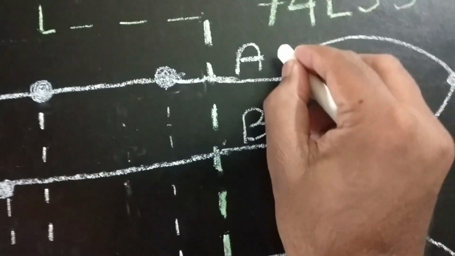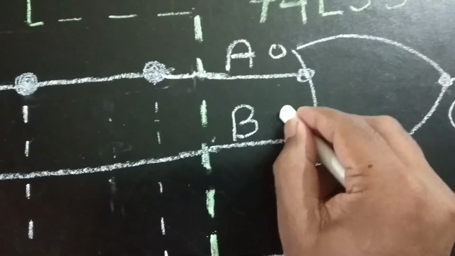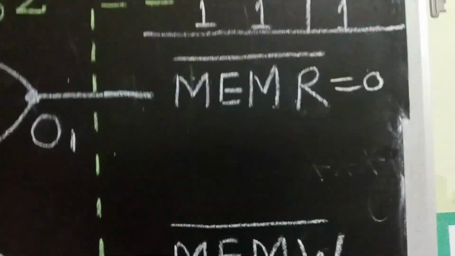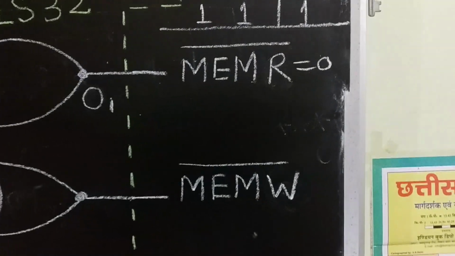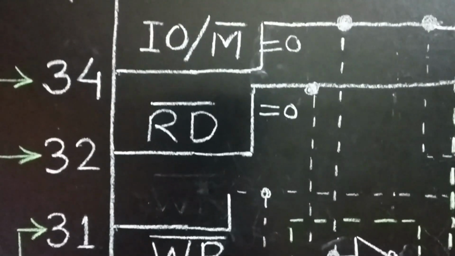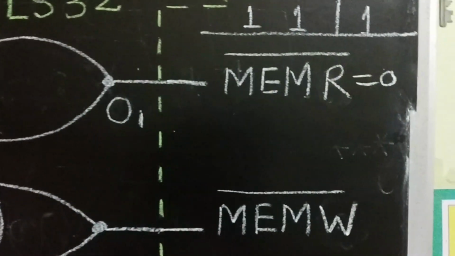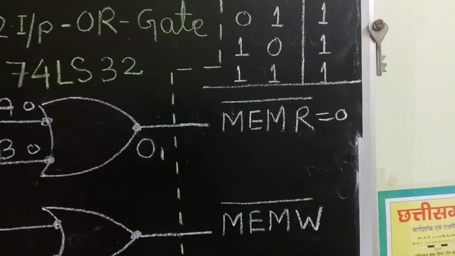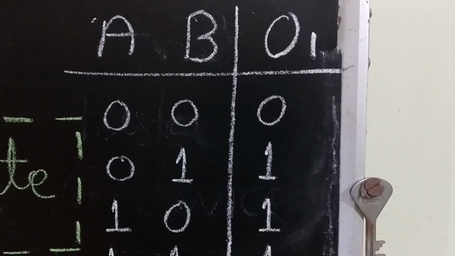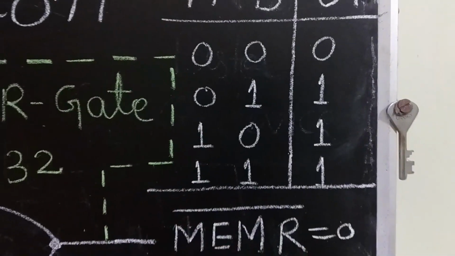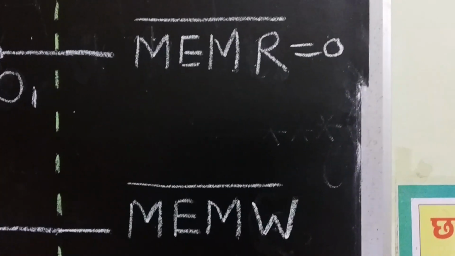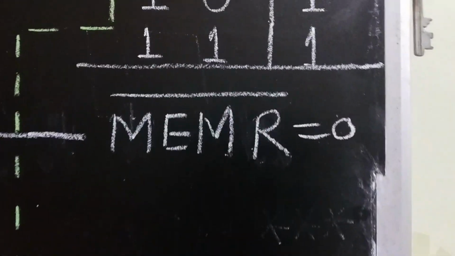Now when this will be 0, A will be 0, B will be 0, the output so generated will be 0, and in this way, by using these two signals IOM bar and read bar, we have generated the memory read bar by using the OR gate logic. When both are 0 0, output will be 0. In all other conditions, this memory read signal will be high, thus read operation cannot be performed.